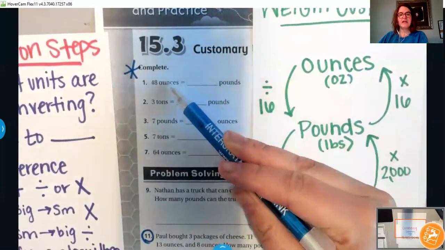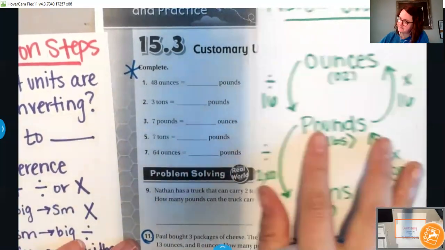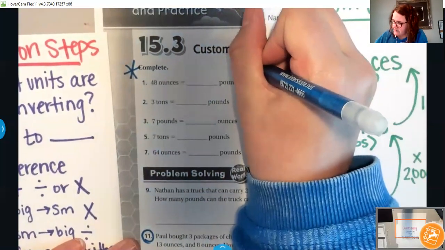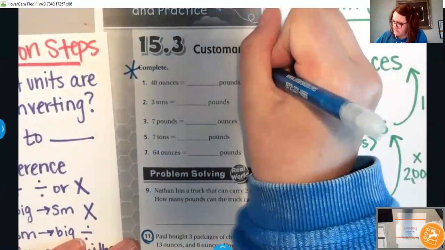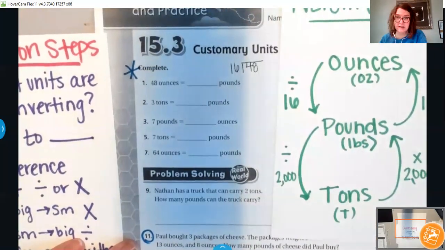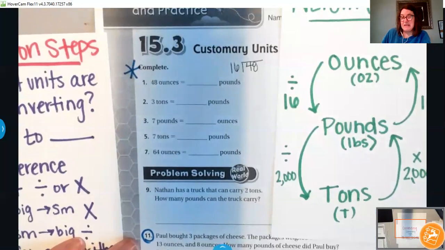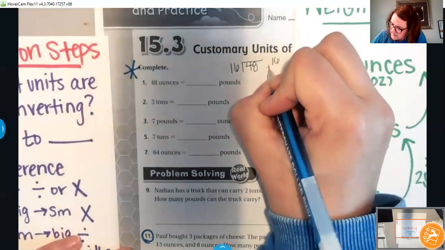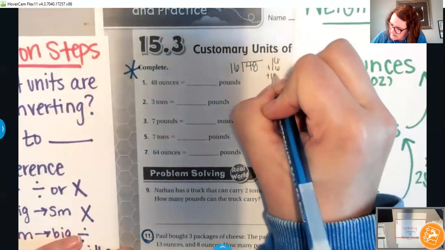So I'm going to take 48 and divide it by 16. That's a pretty large number, so the way that I'm going to do that is repeated addition. I'm going to say 16 plus 16 plus 16.